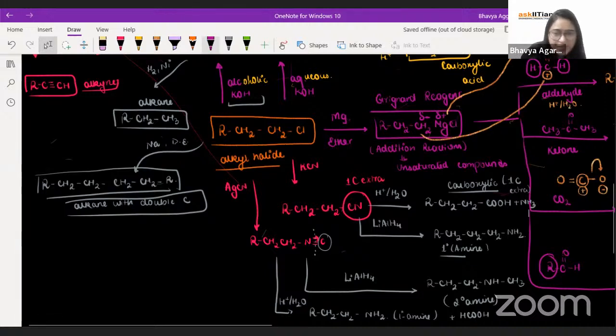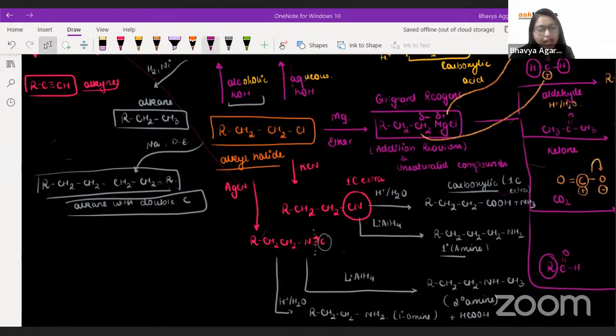Right? Does this make sense to you anyhow? Though, yes, there was one more reaction where you can directly treat it with ammonia and directly get the amine. So that is also there. Ammonolysis.